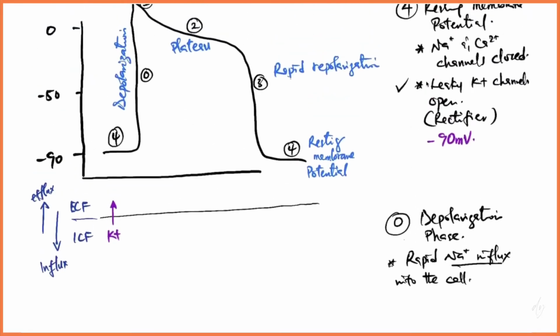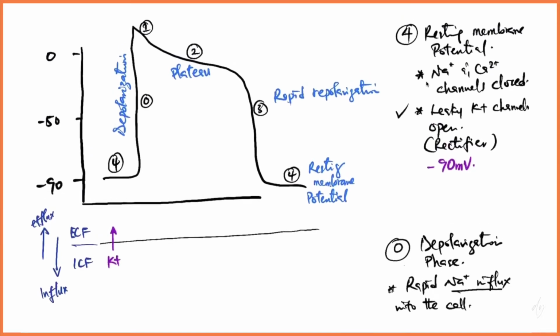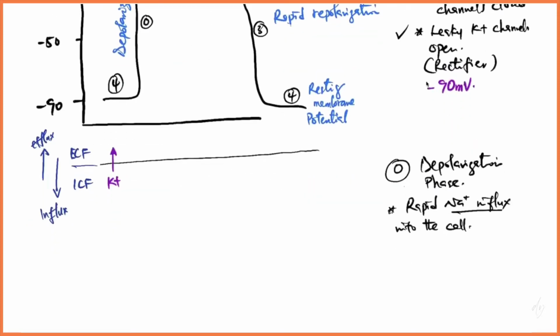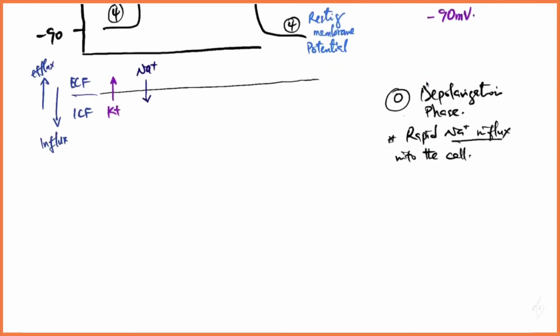What happens in phase 0 is that you have a lot of sodium channels open, and these are fast sodium channels. And sodium begins to come into the cell from the extracellular fluid.